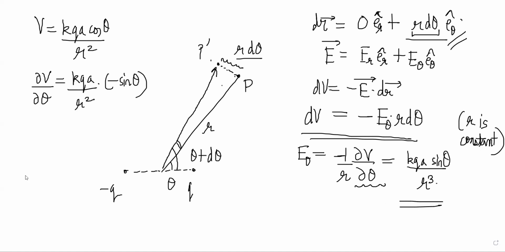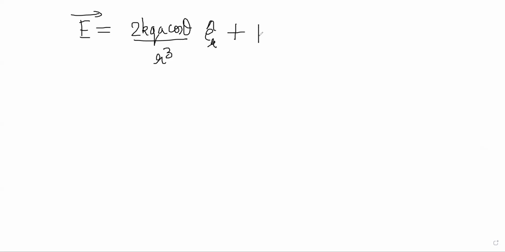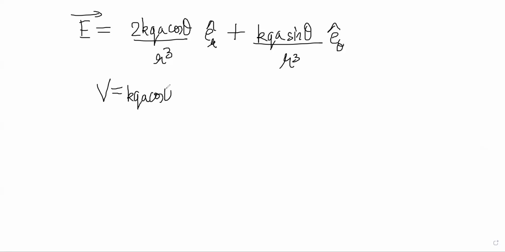We have already found the component in the er direction. So overall you are getting 2 kqa cos theta by r cube er plus kqa sin theta by r cube e theta, right? And V was kqa cos theta by r cube, right? No, not r cube, r square.